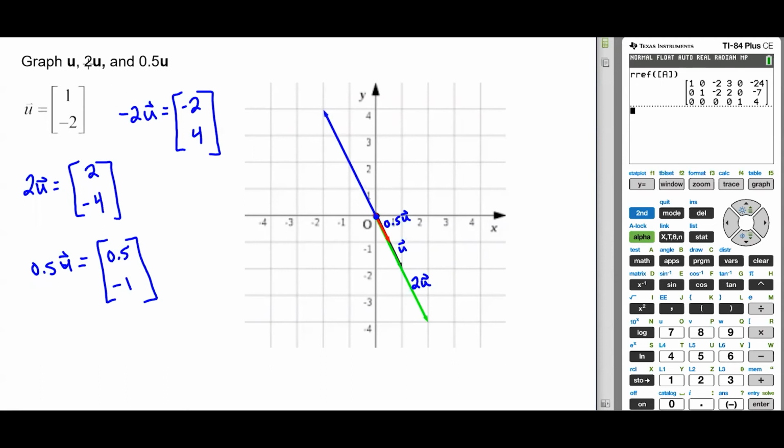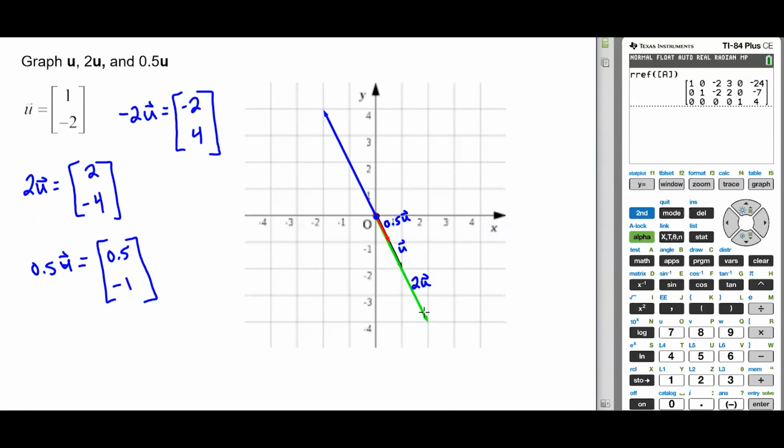So multiplying by a scalar literally just scales that vector, and it points it in the same direction unless you multiply it by a negative number. The negative is going to flip it over, but it's still going to line up on the same line. And 2u is a vector that's going in the same direction as u.